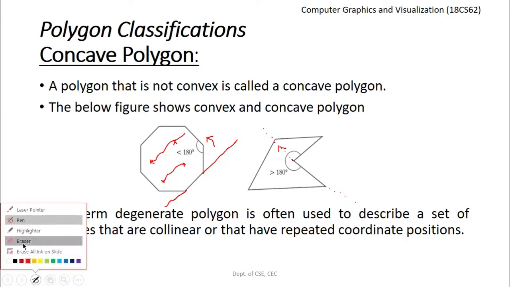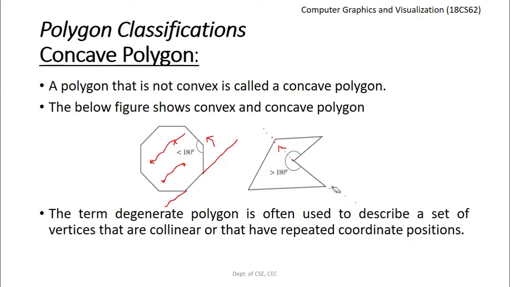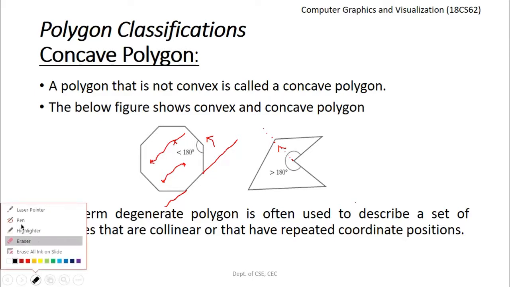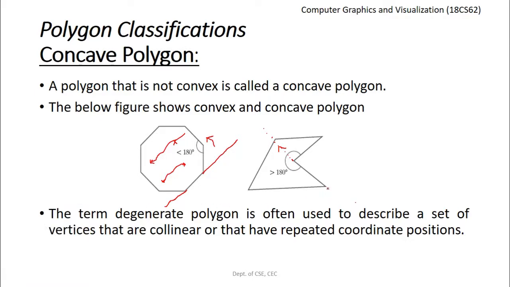We get that one part of the polygon is lying within it and one part of the polygon is lying on the opposite side of the infinitely extended edge. So let me draw it once again. If I extend this polygon edge something like this and in this direction, you can see one part of the polygon is lying below this extended edge and one part is lying above it. So the second condition is also failing.